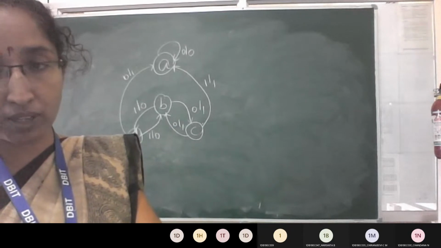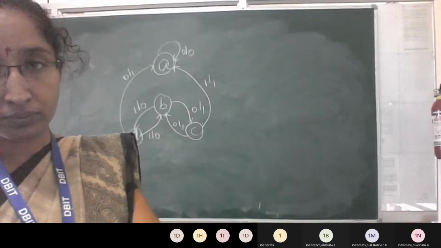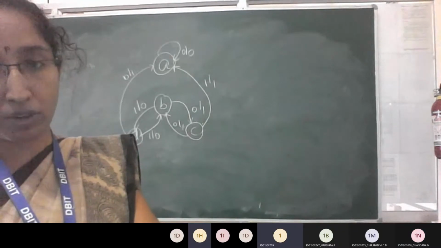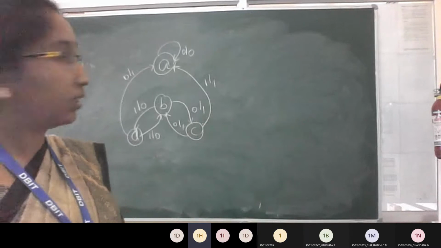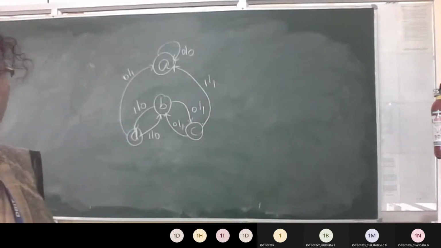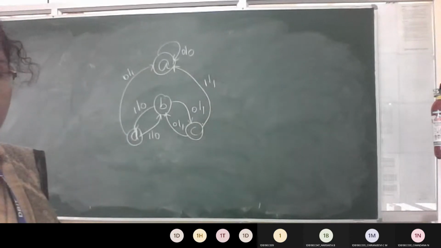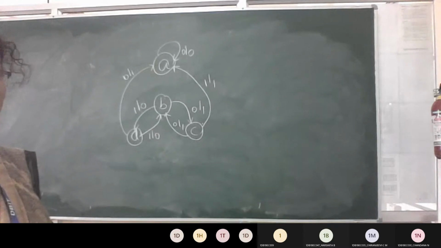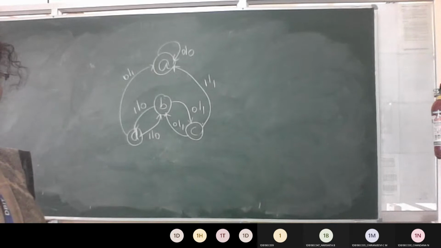Whether it is a Mealy or Moore model? It is a Mealy model. Now it has 4 states: A, B, C, D. Is the diagram visible? Yes or no? Yes, ma'am. Okay. Now it has 4 states.